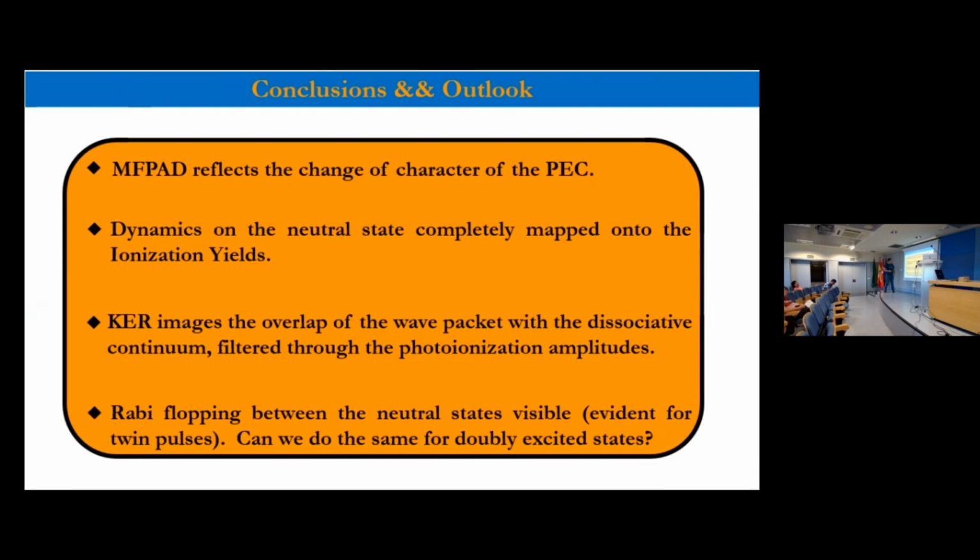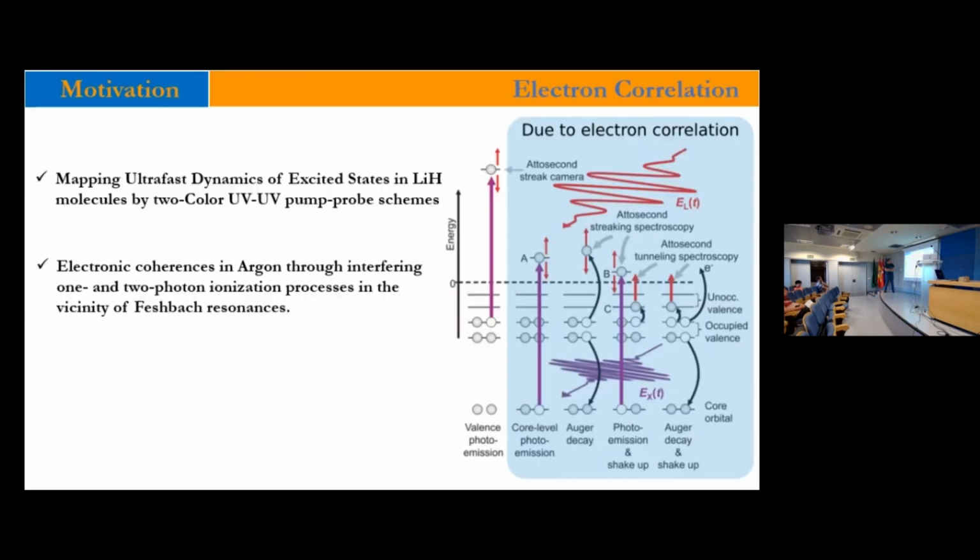The kinetic energy release obviously maps the wave packet dynamics, filtered by ionization amplitudes. And we have some rapid flopping between the ground and the excited state. Obviously, if you choose 2 impulses, that means the pump and probe identical, you can see this rapid flopping a little bit. You can enhance the rapid flopping that is going on. Okay.